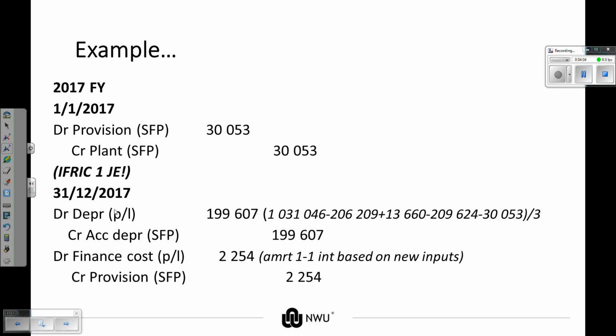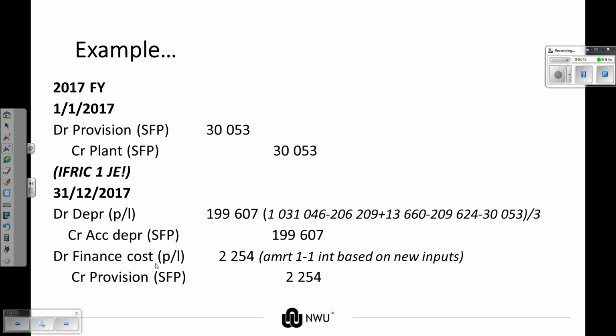So if I now at the end of 2017 want to do my depreciation journal entry, again it will be my carrying amount beginning of the year divided by remaining useful life. So carrying amount cost minus depreciation plus my IFRIC 1 minus depreciation for year 2 minus my IFRIC 1 journal entry for the year 2017 divided by 3, and that will give me then my depreciation.